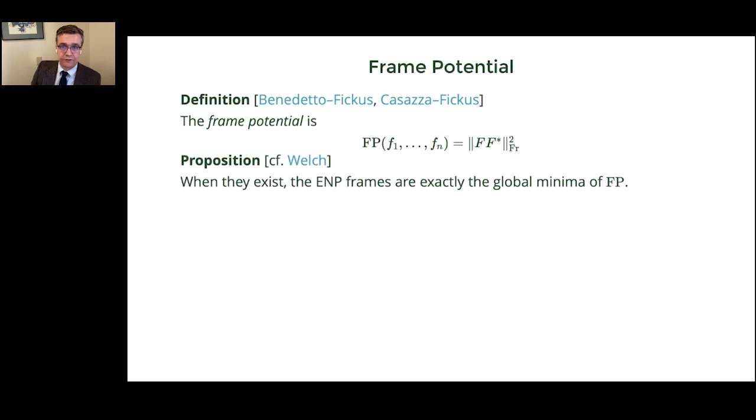If I think of this as a function on the space of equal norm frames, where I fix the column norms to all be d over n, then the global minima of this function are exactly the equal norm Parseval frames.